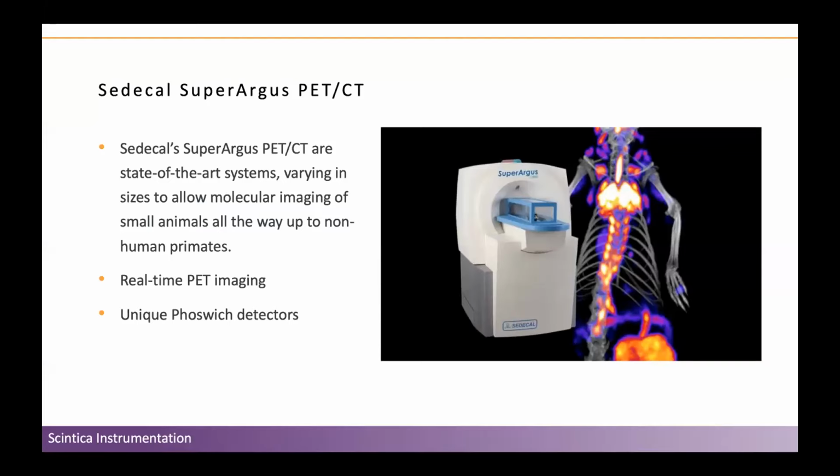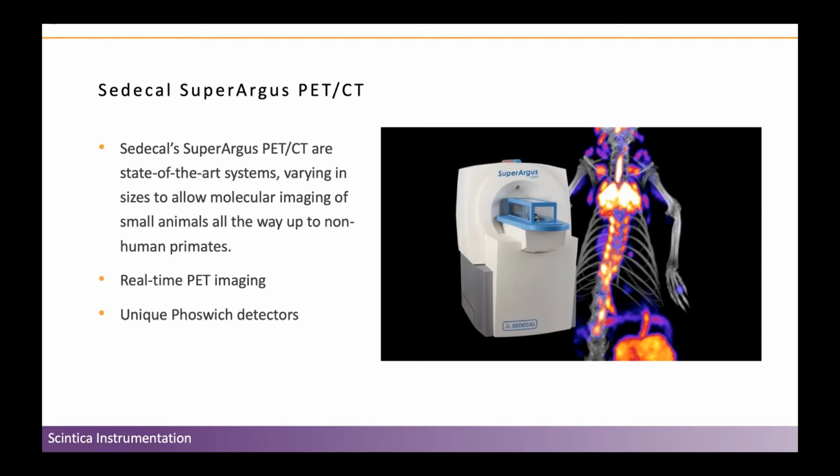So we've talked a lot about CT and PET CT. So one of the products we offer is the Sedecal SuperArgus PET CT. So these are state-of-the-art systems, and they vary in size. So you can do molecular imaging as small as mice all the way up to marmosets, rabbits, non-human primates.